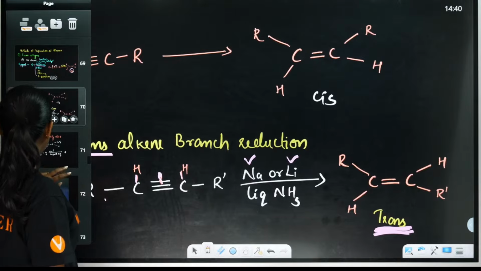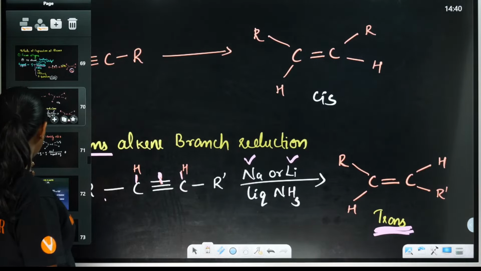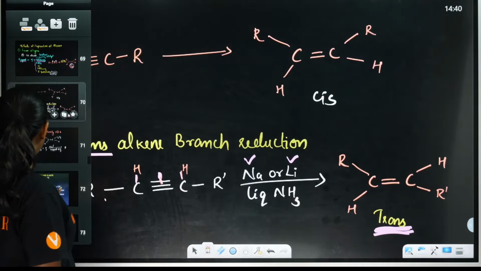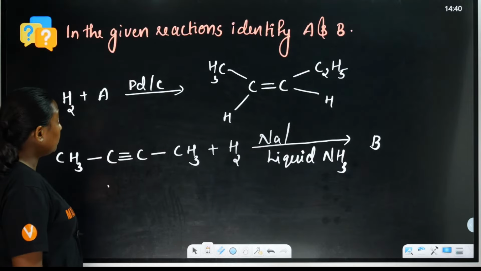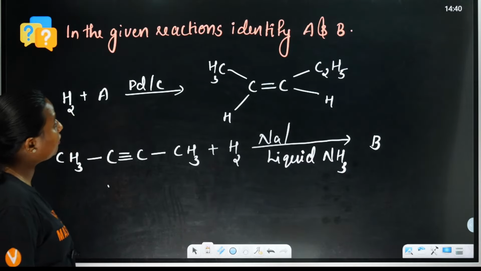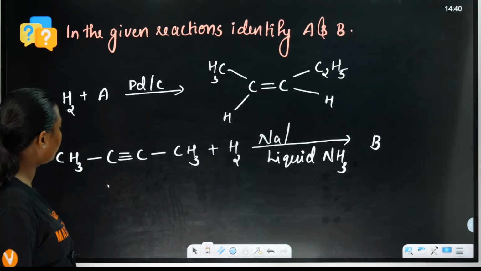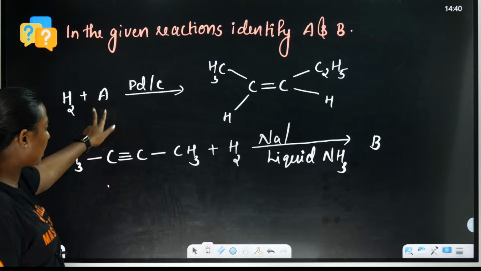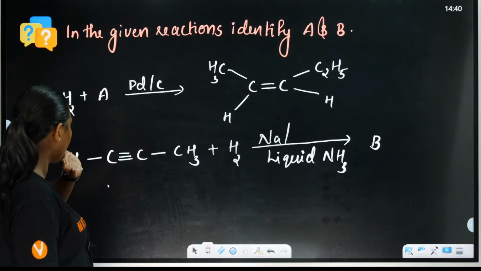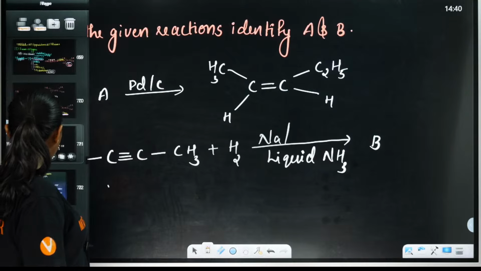So next, it is a question. In the given reaction, identify A and B. What is A, what is B?